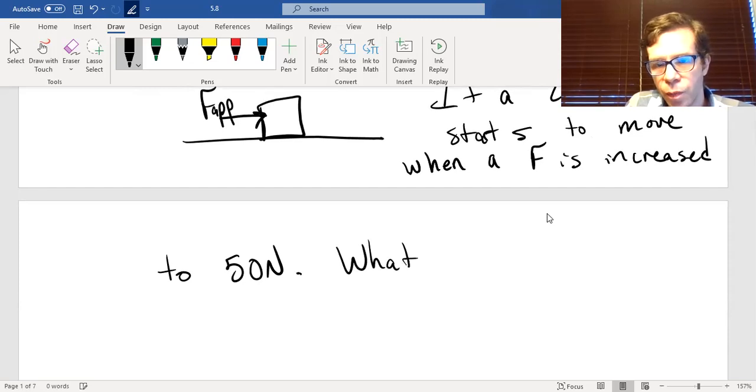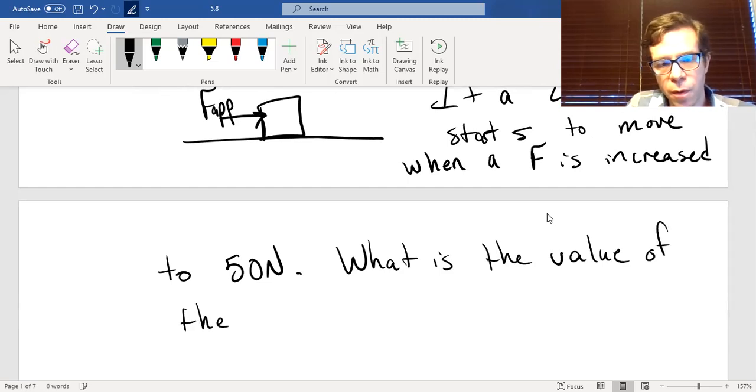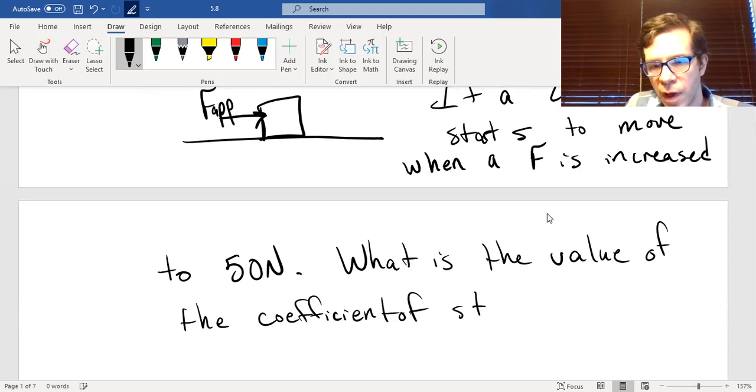What is the value of the coefficient of static friction?